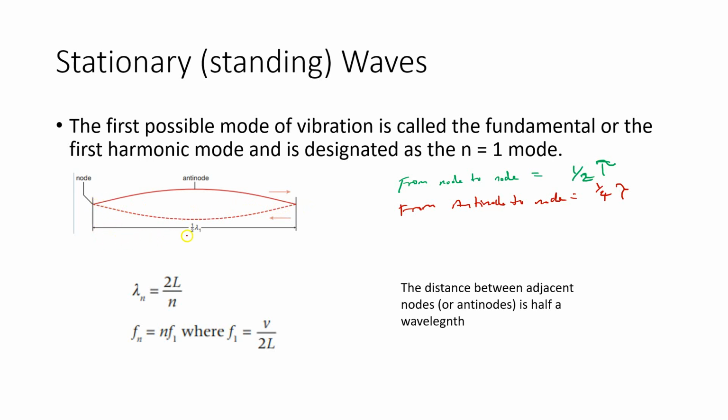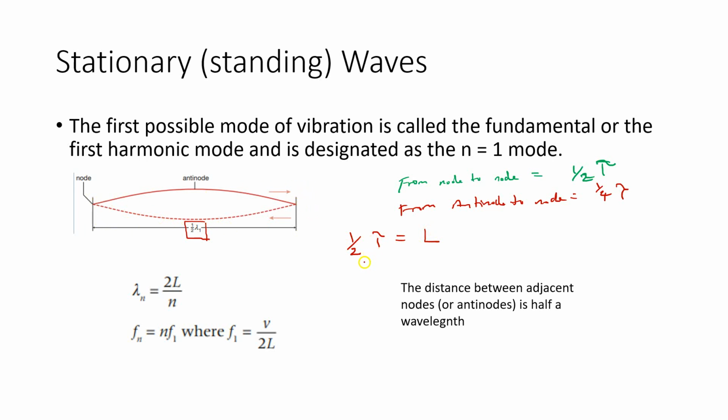What we're saying here at this point is that the length of the string is equal to half a wavelength. The entire length of the string is equal to half a wavelength, which we're going to record as L.